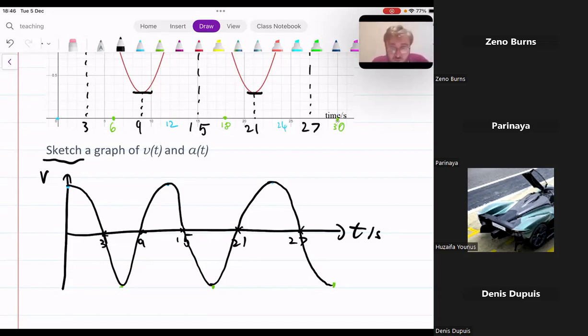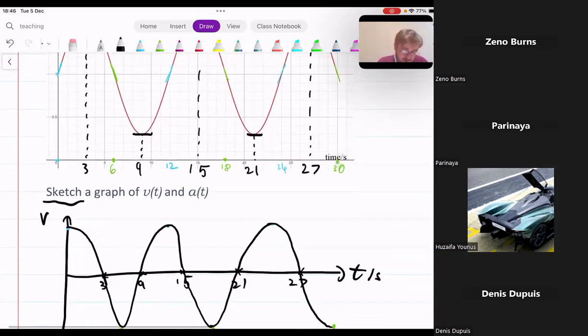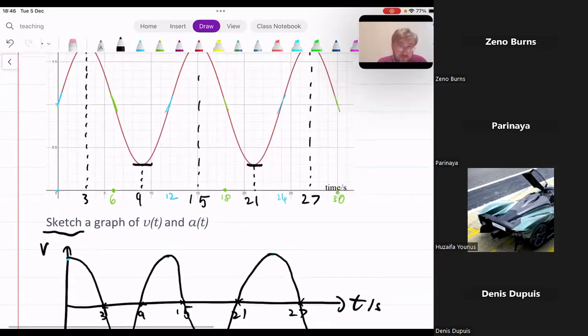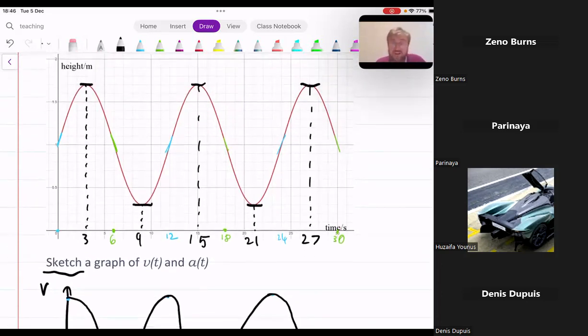Now, we can go one step further. We can try and estimate the maximum velocity. We're not going to get it exactly because we'd need to zoom in on that blue point there.